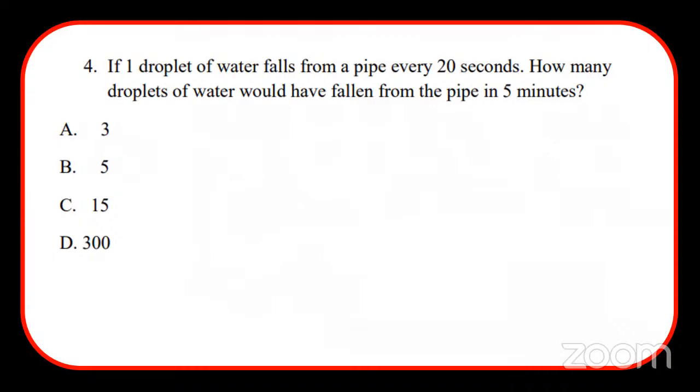So I know that we've moved on to this question. All right, so I see little Ariana says 4 drops of water. The answers, we have 4 options here: 3, 5, 15, and 300. What is your answer and how do you justify it?